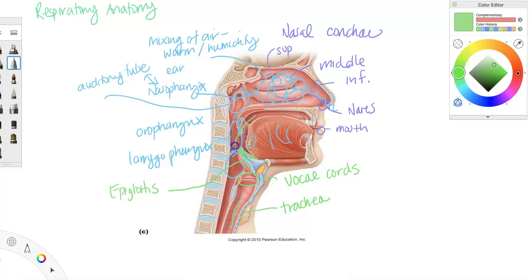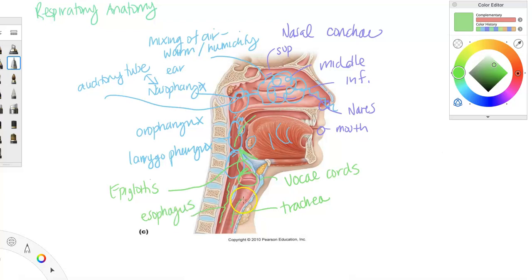And when you swallow, this structure folds back and covers the hole that goes down into the trachea. So it keeps food from entering your lungs, entering your trachea, and forces the food down into the esophagus.